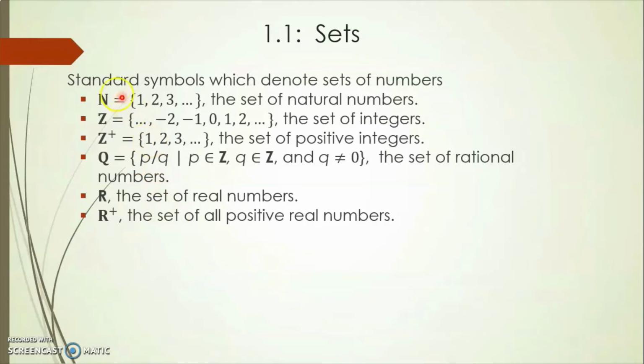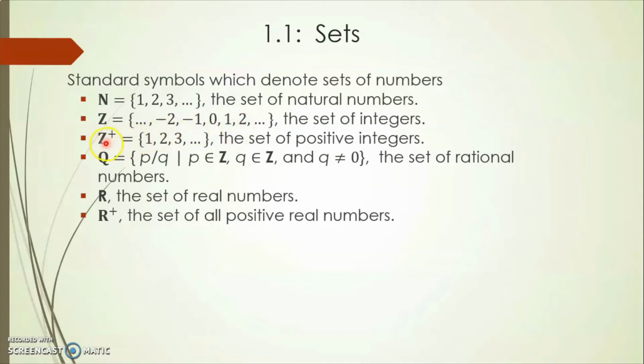You also need to know several standard symbols which denote sets of numbers. For example, capital N stands for the set of natural numbers, such as 1, 2, 3 and so on. Z stands for the set of integers, inclusive of positive and negative integers, so you put the triple dots before and after, with -2, -1, 0, 1 and 2.